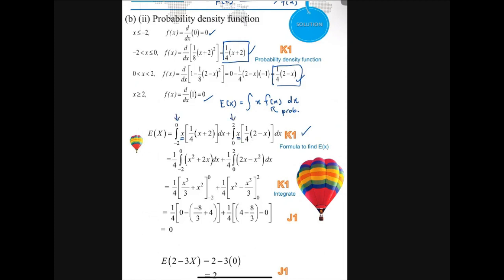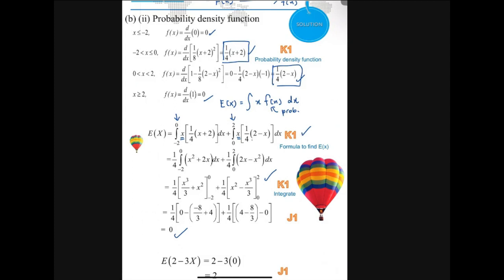The first one would be negative 2 up till 0, x times the function, plus our second function from 0 up till 2, x times the second function. Simplify this, integrate each term, and you get 0 as our final answer.